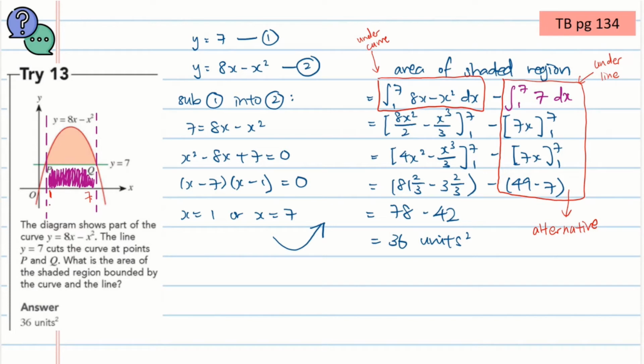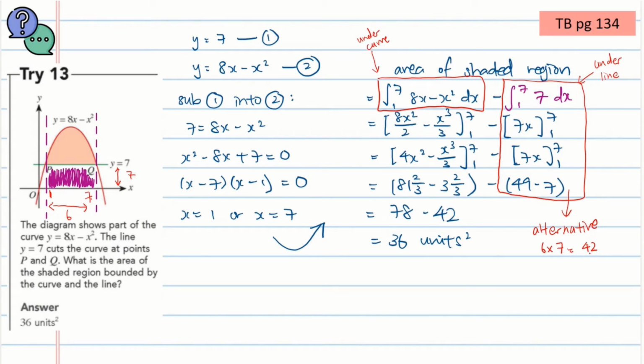So the length here is 6 units and the breadth over here, or maybe the other way around, I didn't check on it earlier, would be 7 units. Okay, so length times breadth, 6 times 7, we will get 42 units squared for the area under the straight line, which is true because 49 minus 7 does give us 42.